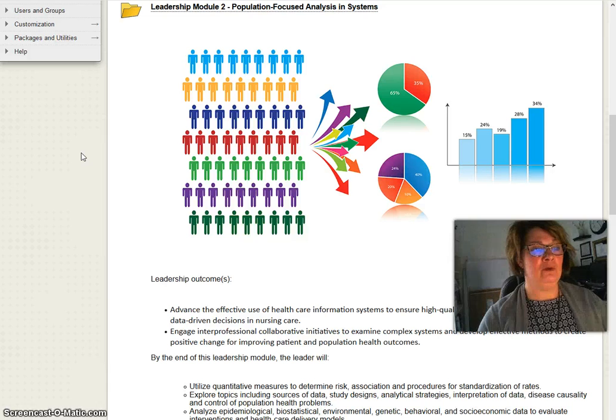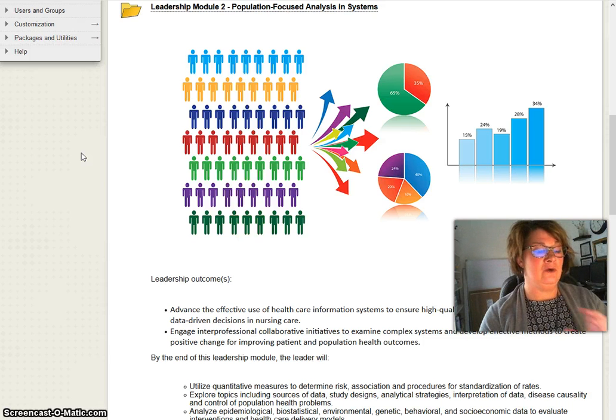This is where we're really going to take a look at some of the data that we're going to examine for our epidemiology at-risk assessment. So we're really going to take a deep dive into what's going on in your particular area of practice or an area of interest to you.